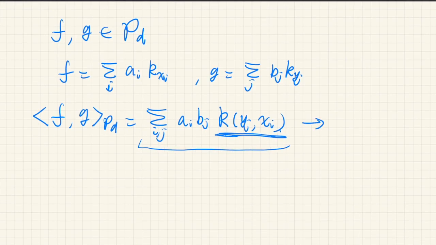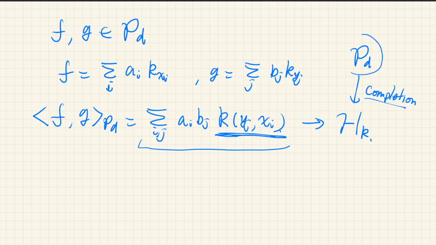So this induces a reproducing kernel Hilbert space, which is also a completion of the space of polynomials. But actually, we don't need this completion process because we are only considering a finite dimensional space, so they are actually the same thing.